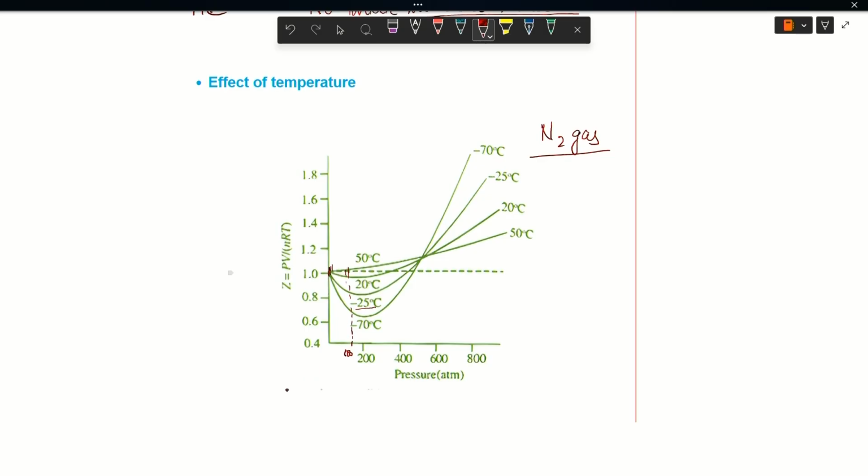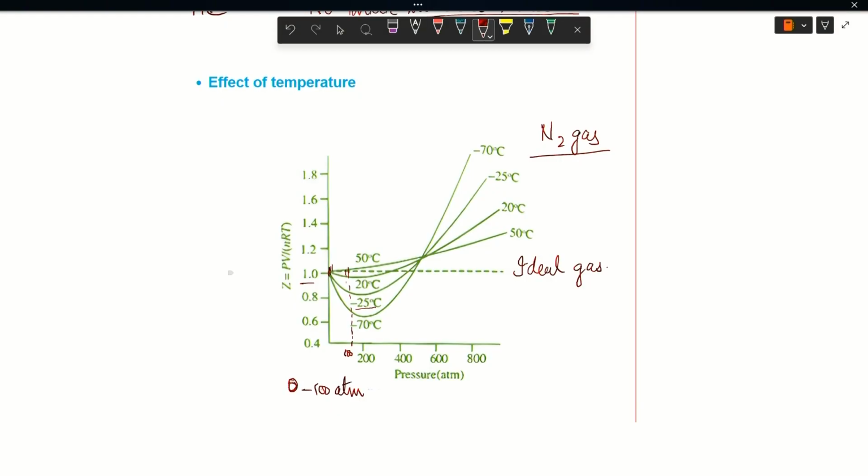Okay, 0 to 100 atmospheres. From 0 to 100 atmospheres, the value of Z is equal to 1, and this is the value for an ideal gas.